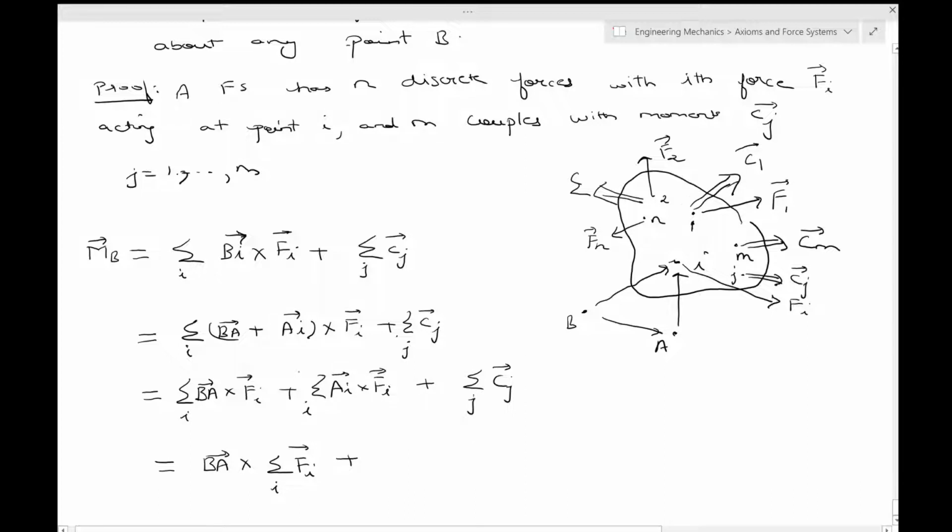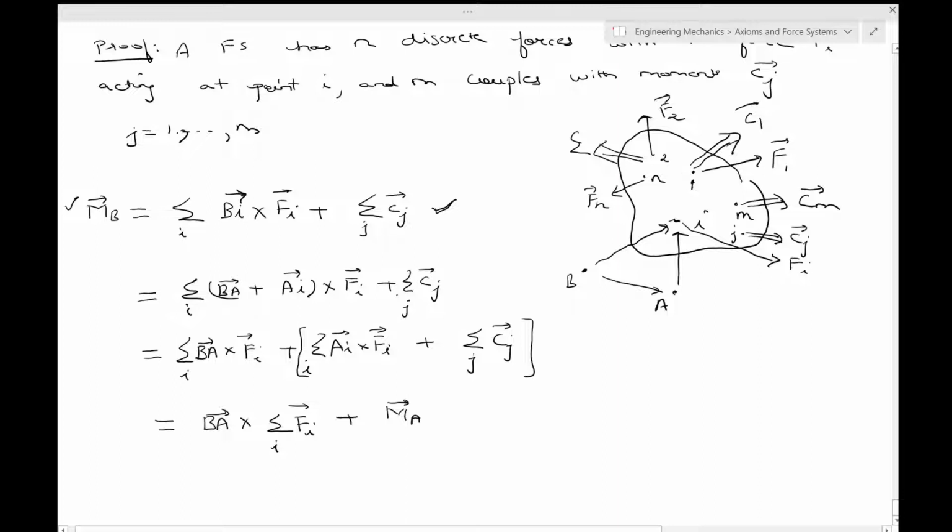This particular quantity in the square bracket, just like you have defined MB, can be written as MA, the moment about point A. Now the last part is that Ba remains as it is, and the summation of all the external forces discretely is actually equal to F.